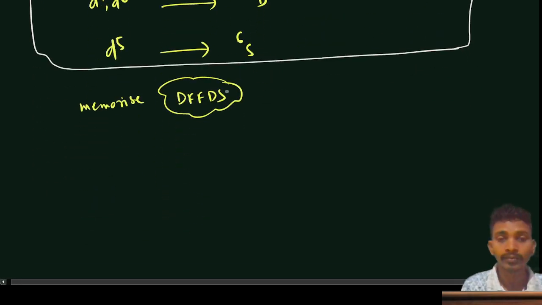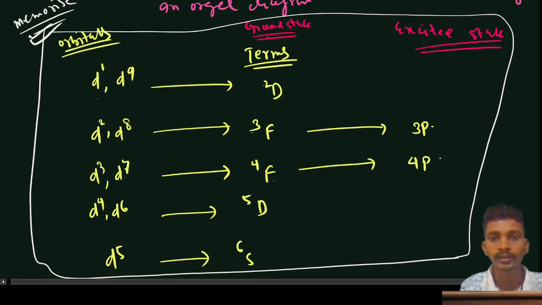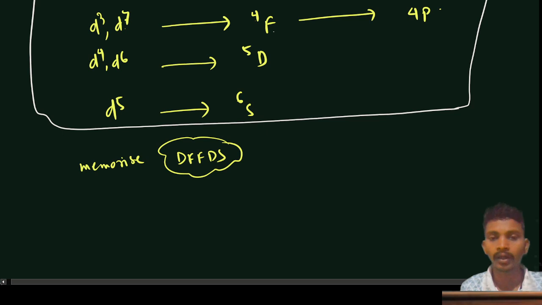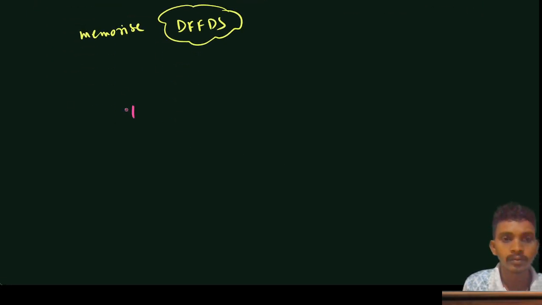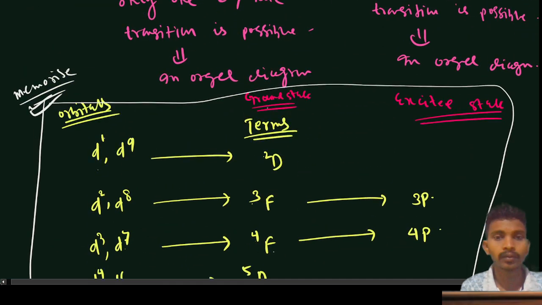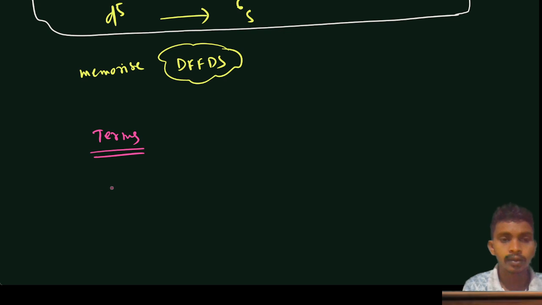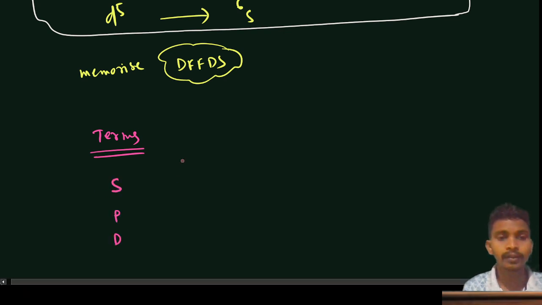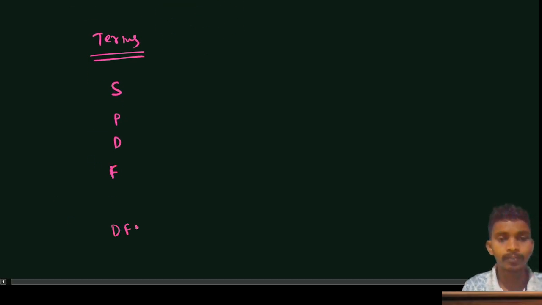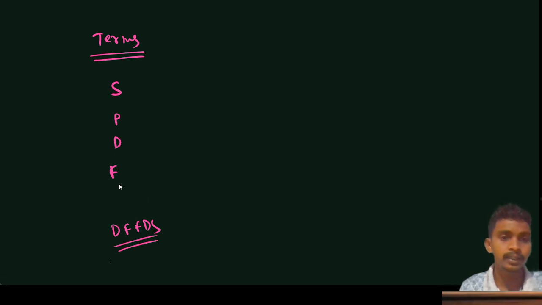Okay, now another thing we see is how these terms are related with Mulliken notations. The terms are S, P, D, and F, which we discussed.